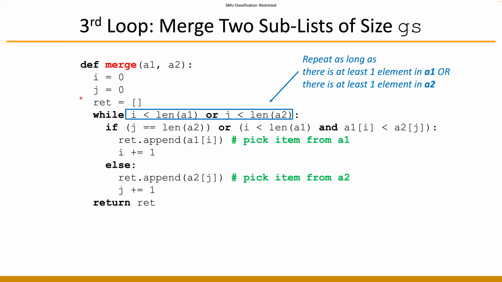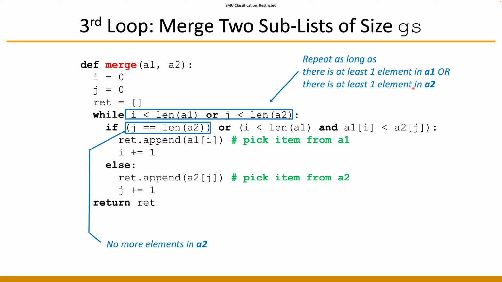So if you look at the first condition over here, we look at 2 different conditions, and as long as one of the conditions is true, we will proceed. The first condition says that you have at least one element in A1. The second says that you have at least one element in A2. So basically, it means that you still have work to do.